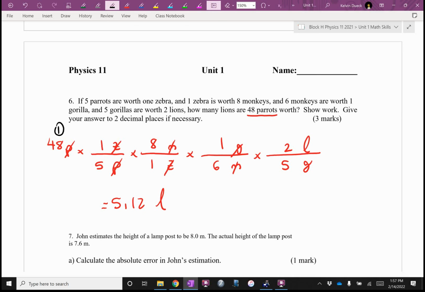I would give you a 2nd mark if you tried to build a chain. Even if your chain was wrong, if you tried doing it using my method, I would say, good, I want to reward you for that. The 3rd mark would be for getting the correct answer. If you didn't put units next to your final answer, if you didn't put lions or an L, I would take a half off because that's how I roll. Okay.